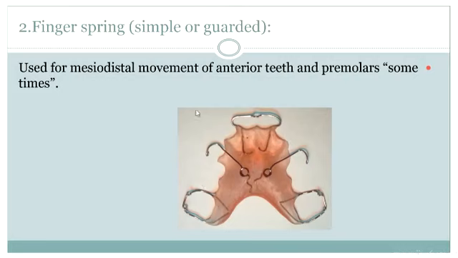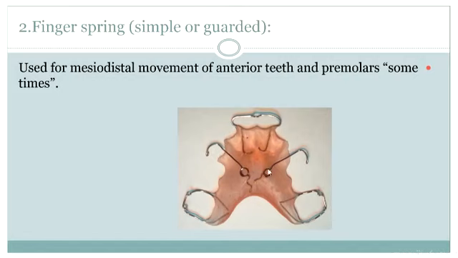If the tooth is outside the arch or has an ectopic eruption, we do not advise using this type of spring. We can use different cross sections of stainless steel wire. The diameter of the spring is from 2 to 3 millimeters, and it is also present here in order to maintain the tooth within the line of the arch.